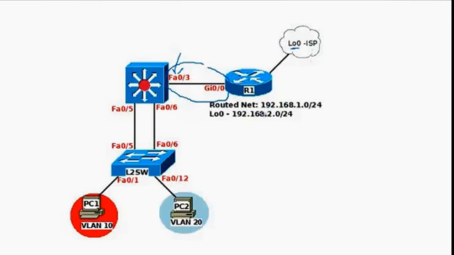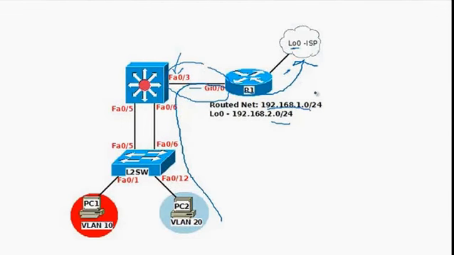So my routed network, or this link, is going to use a 1.0 network. This here will be a 2 network. Okay, so we're going to leave this part the way it was. We're just going to add a router, we're going to add a loopback, and we should be able to go from both of our PCs up through to this loopback, or our simulated internet.